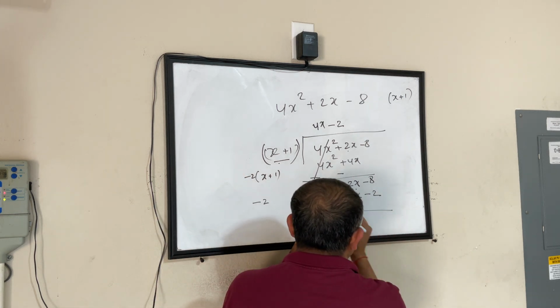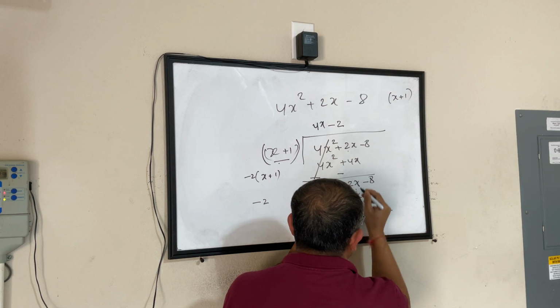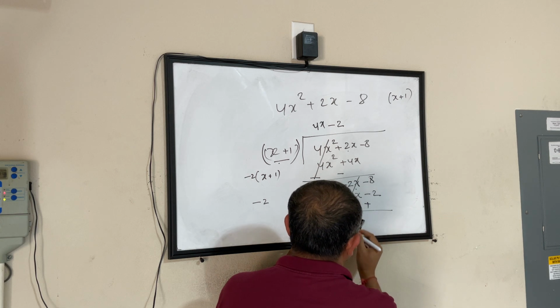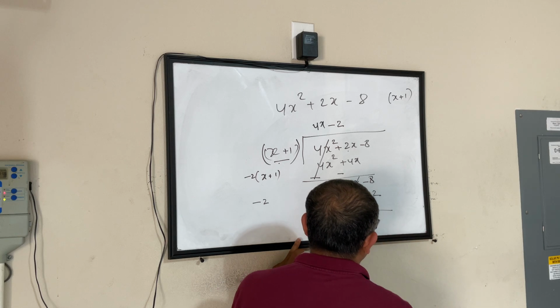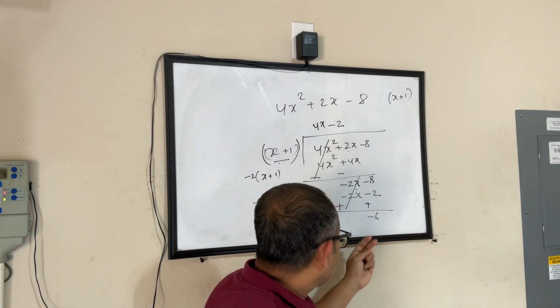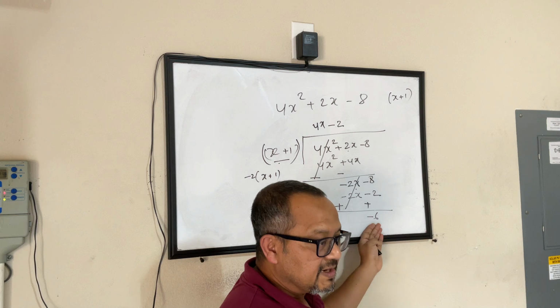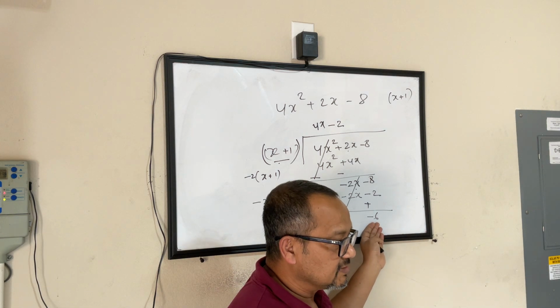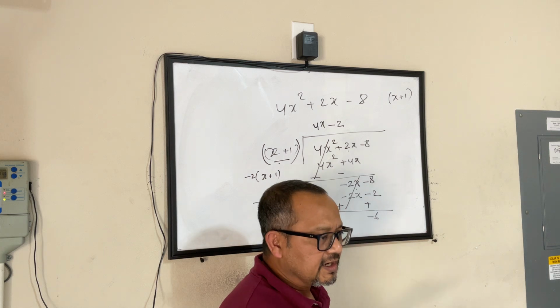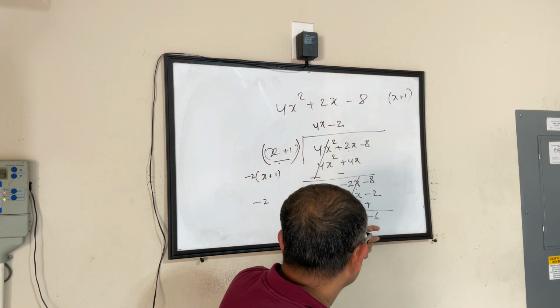Now subtract this thing. So this becomes plus, this becomes plus. These two get knocked off, and then you are left with minus 6 plus 2, that is minus 6. So now we cannot go beyond this because we have reached the lowest possible power of x, which is the 0th power. So this eventually becomes a remainder, like any division you would do, right?